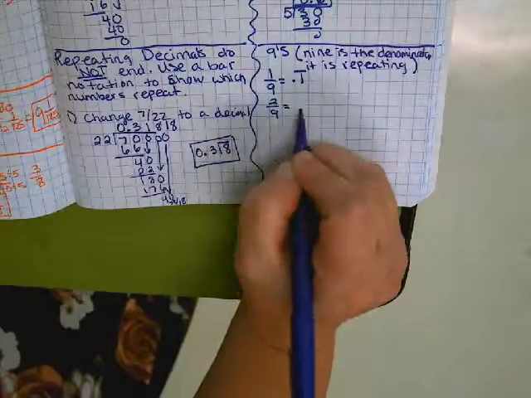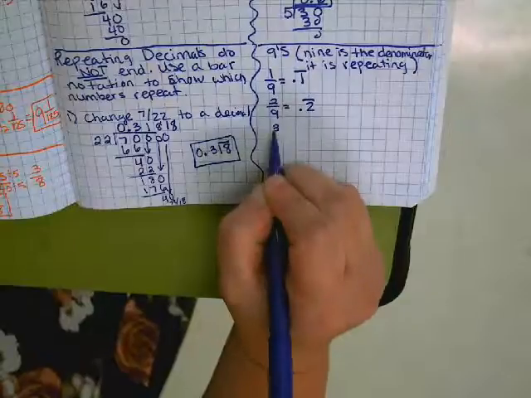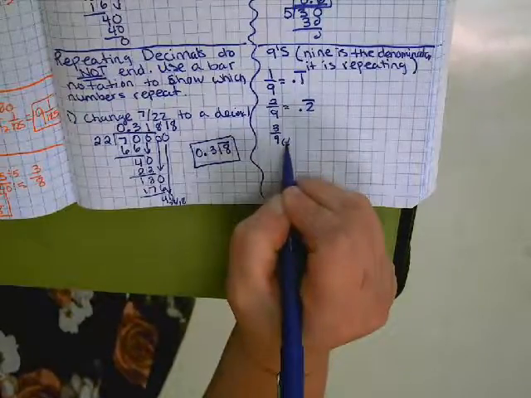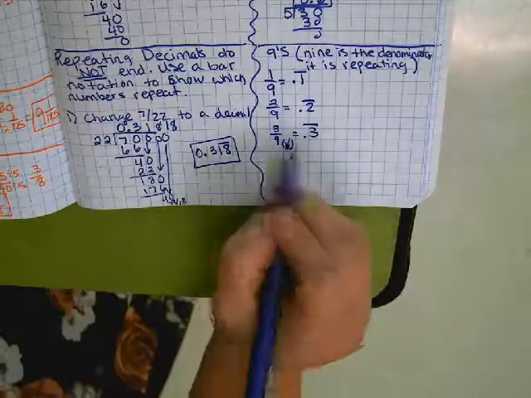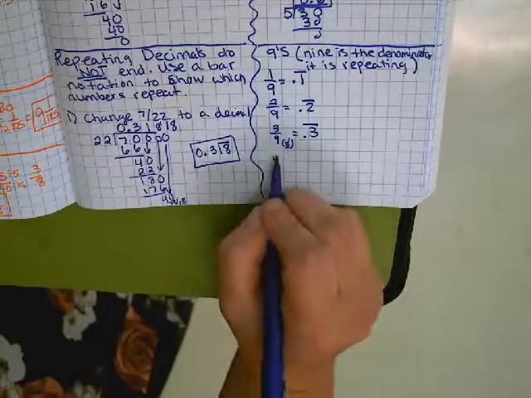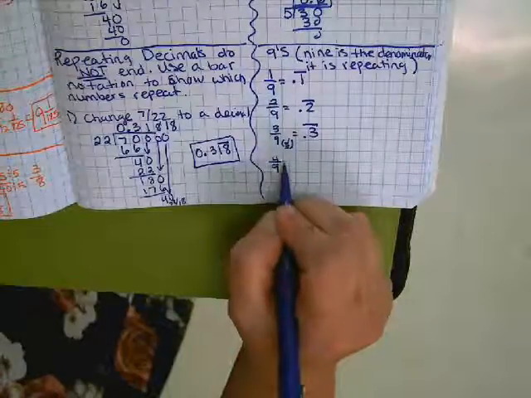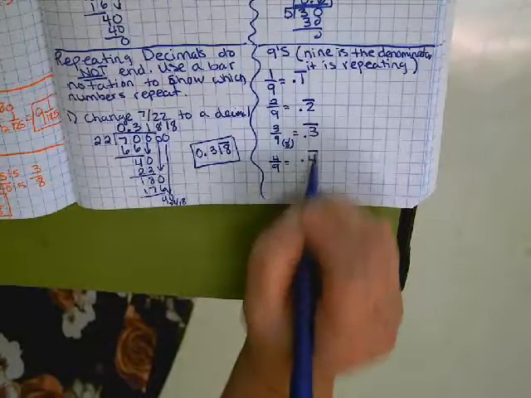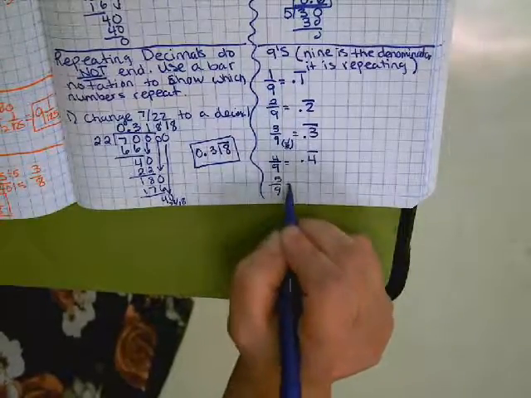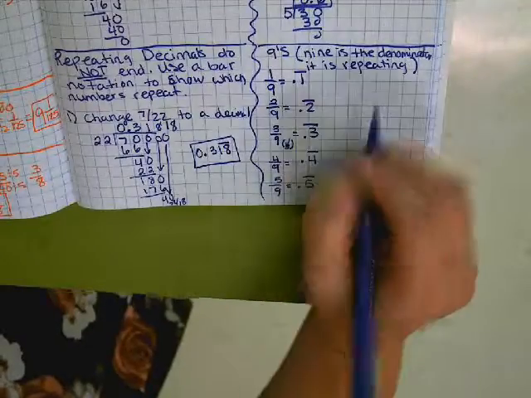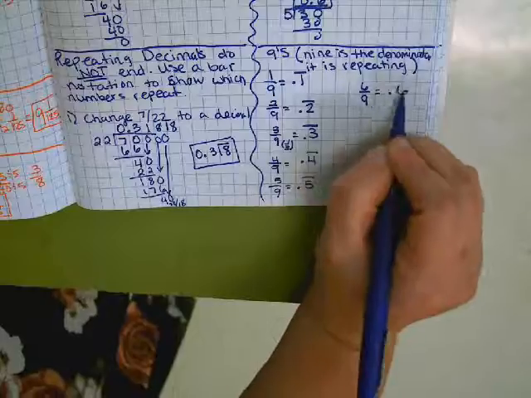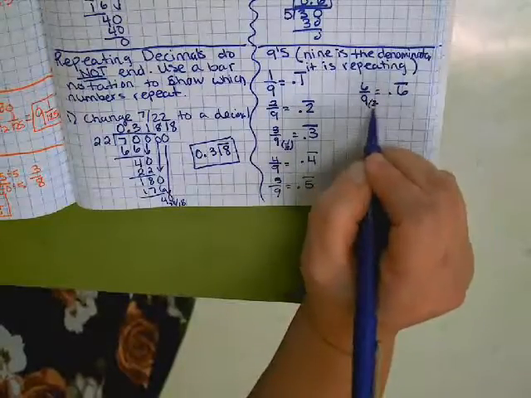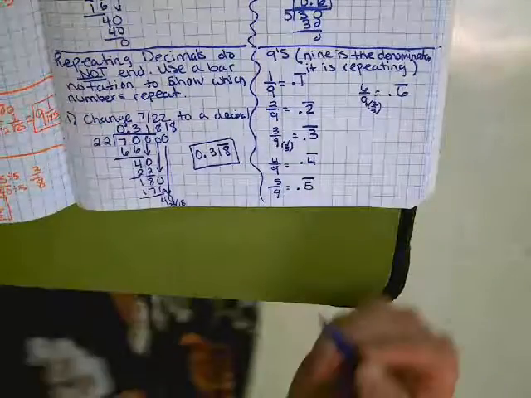It's going to be 0.2 repeating. 3/9, which is 1/3. It's going to be 0.3 repeating. The numerator repeats. 4/9. It's going to be 0.4 repeating. 5/9. It's going to be 0.5 repeating. 6/9. It's going to be 0.6 repeating, which simplifies to 2/3, which we learned was 0.6 repeating at the top of our paper.